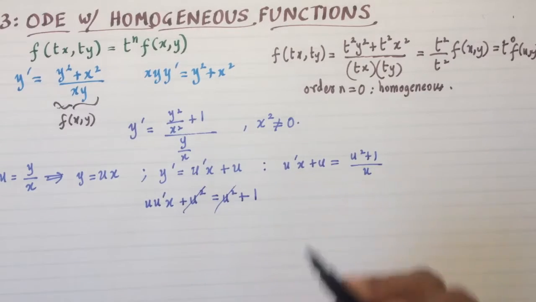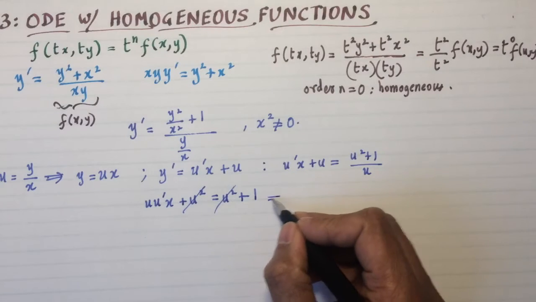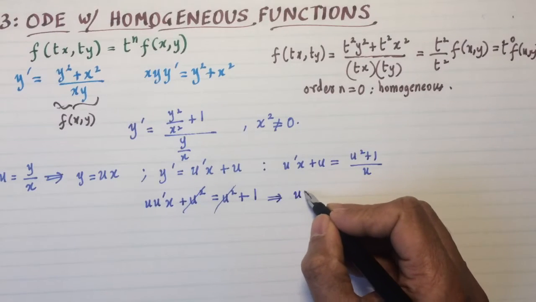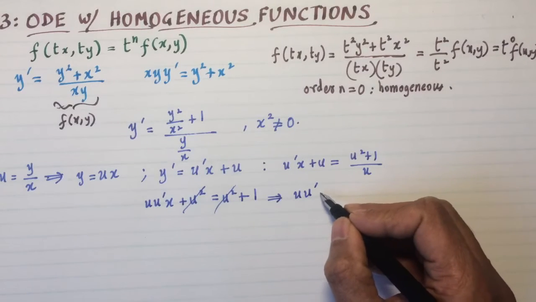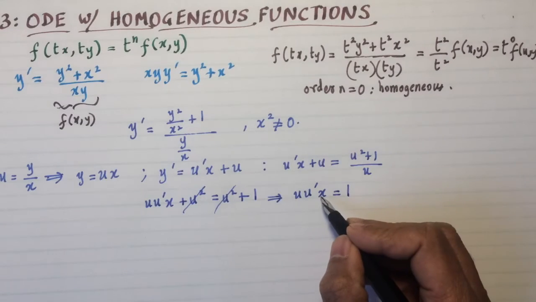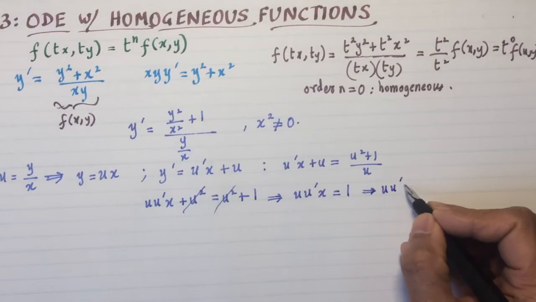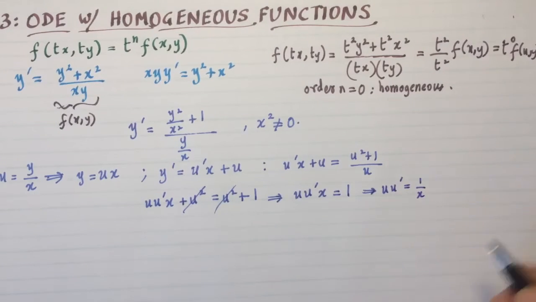Immediately you see that u squared cancels out, and I get u prime x equals 1. Now at this point I can take all terms involving x to the other side. There's only one term involving x, and that's this x multiplying u prime, so I'll take it to the other side. So I'm going to get u prime equals 1 over x.